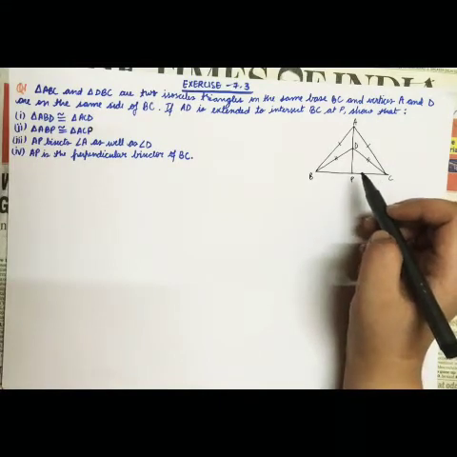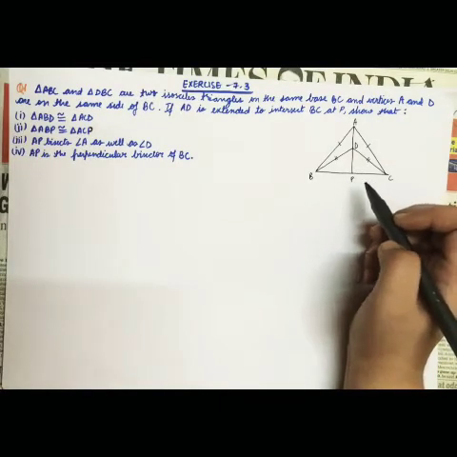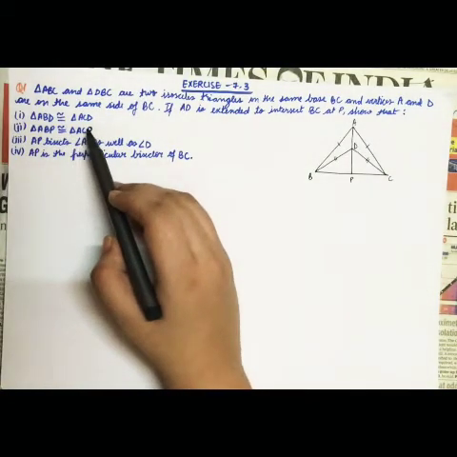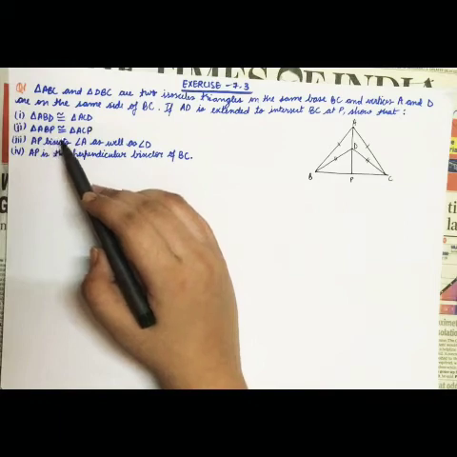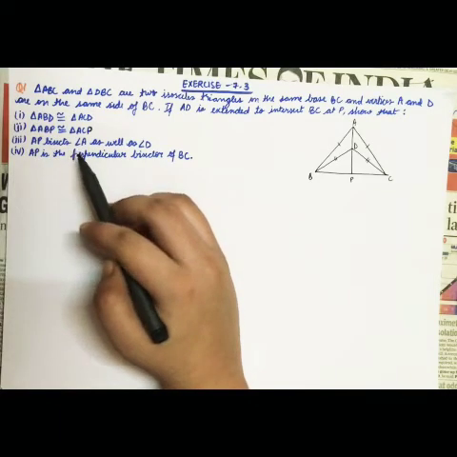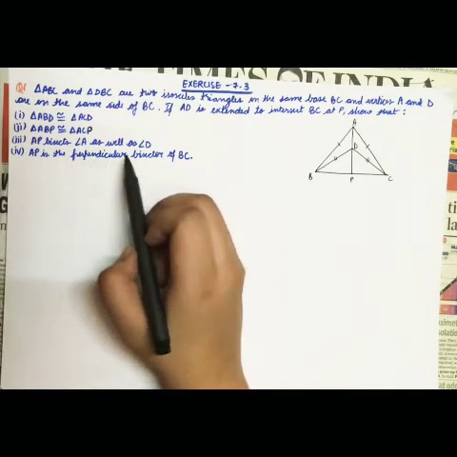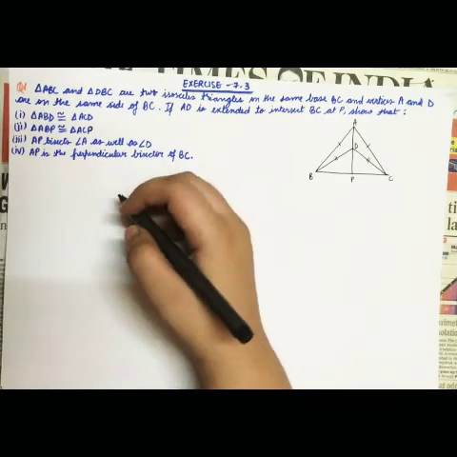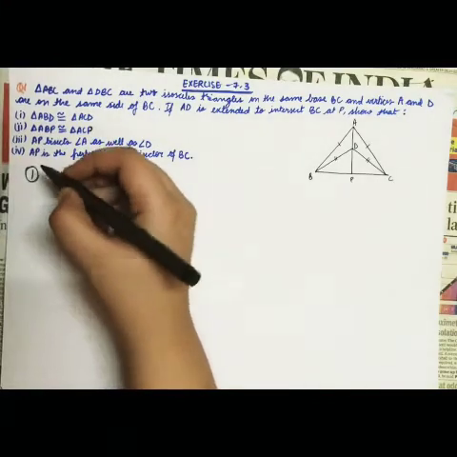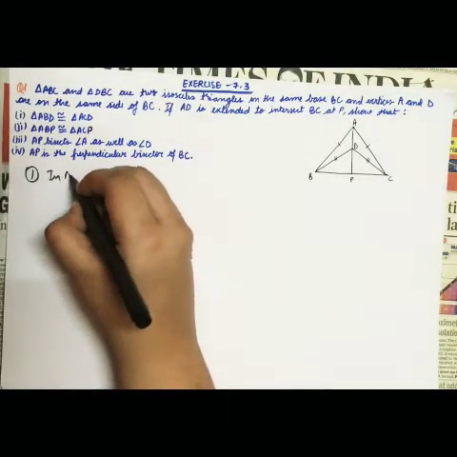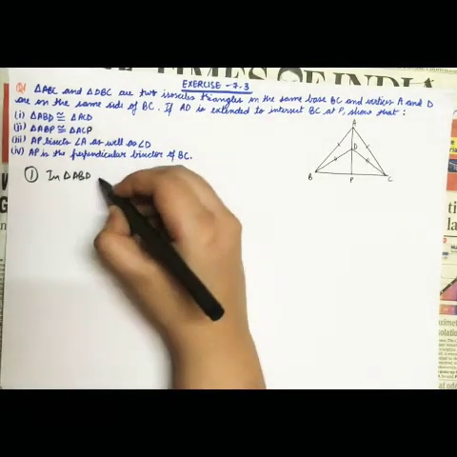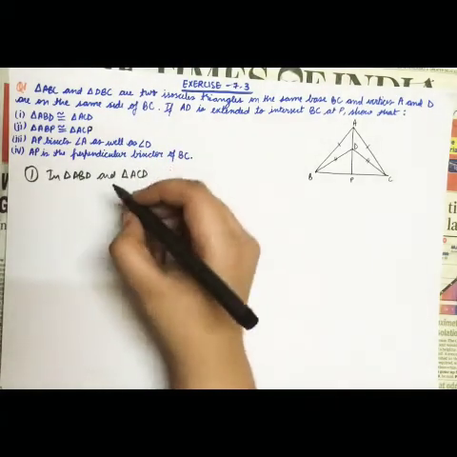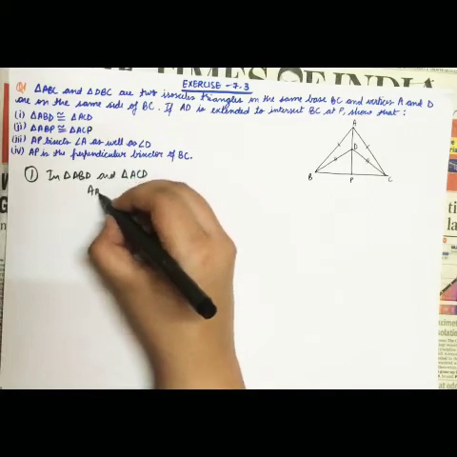If AD is extended to meet BC at point P, show that triangle ABD is congruent to triangle ACD, triangle ABP is congruent to triangle ACP, AP bisects angle A as well as angle D, AP is the perpendicular bisector of BC.